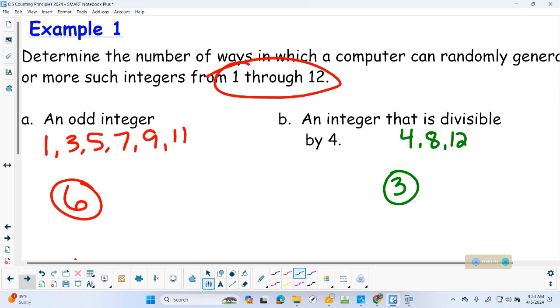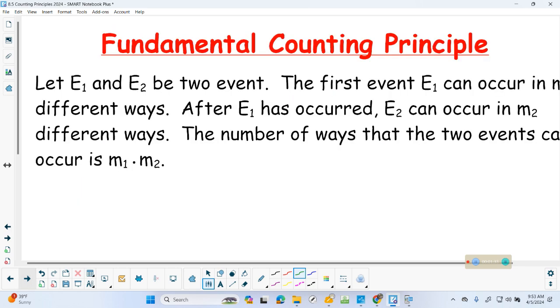Okay, now, other things to show you. Fundamental counting principle. It sounds very fancy. If you have two different events, so the first example is a single event, what we say. You are picking an integer, an odd one between 1 and 12, you're doing a divisible. Separate individual events. If you have more than one event, 2, 3, 4, here's the key.